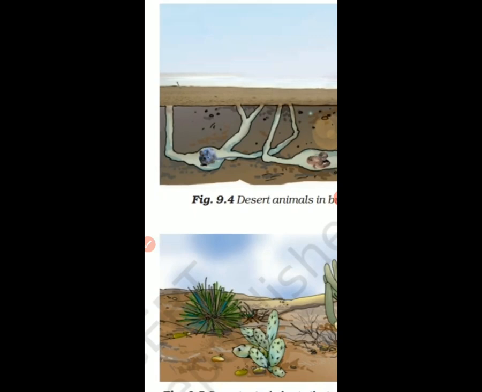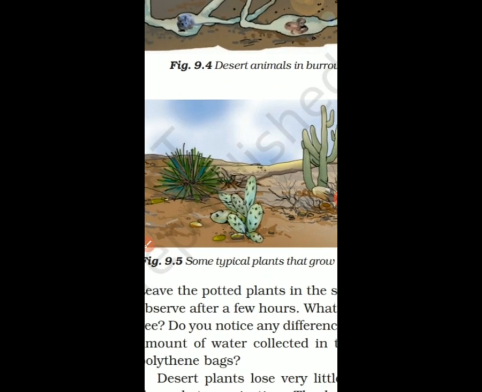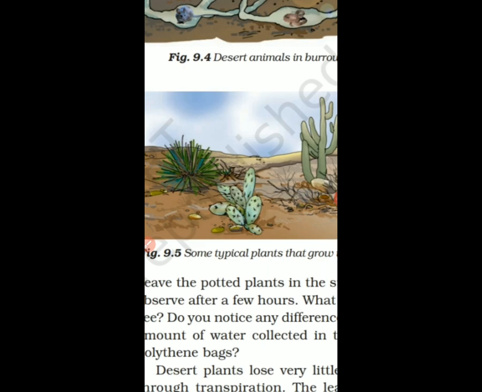What about plants? You have seen what type of plants are there in desert. Cactus and all those plants which require very less water. Right? They also do less transpiration so that the water is not wasted during their transpiration.